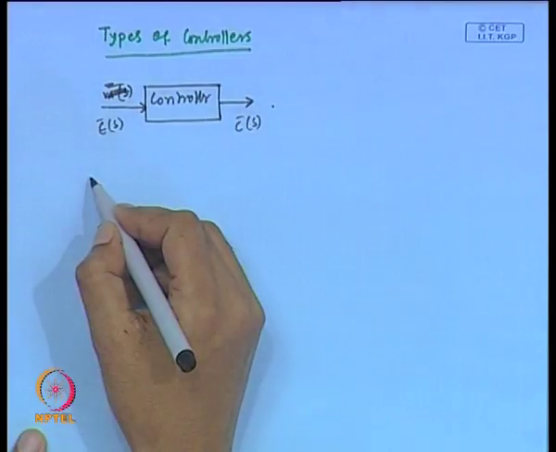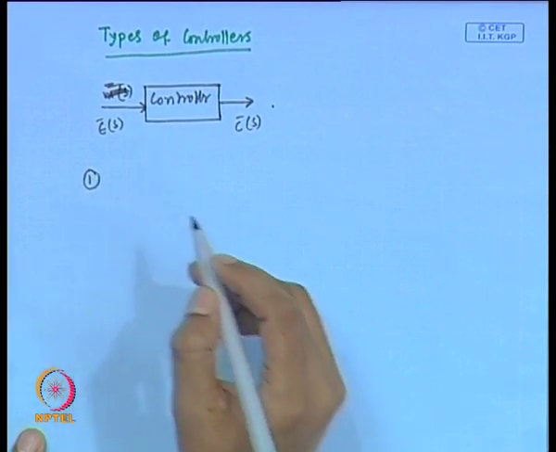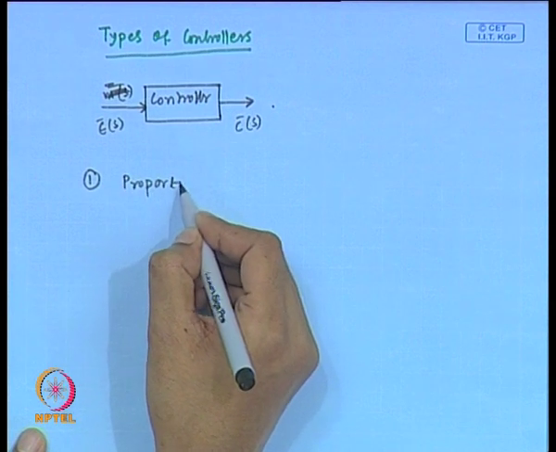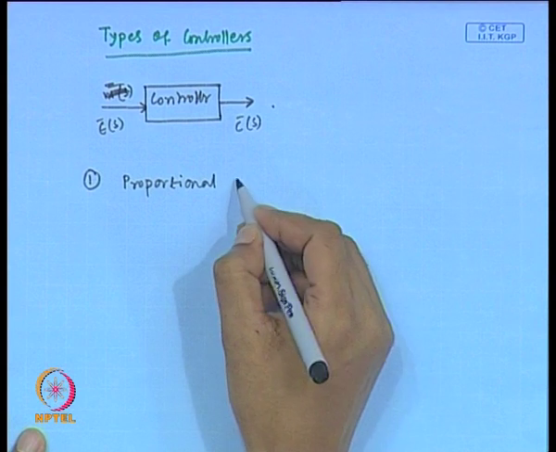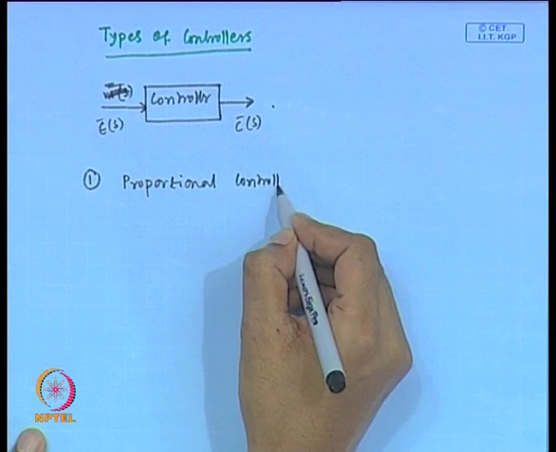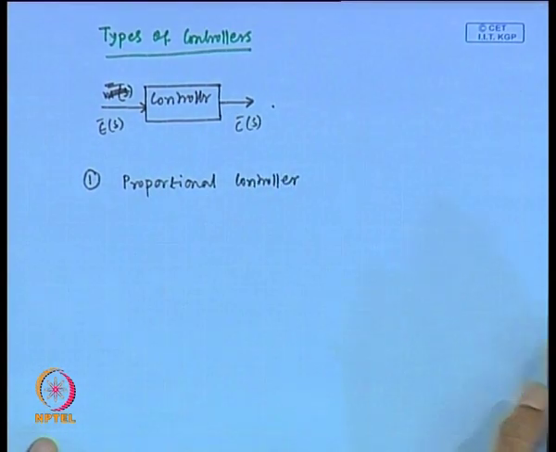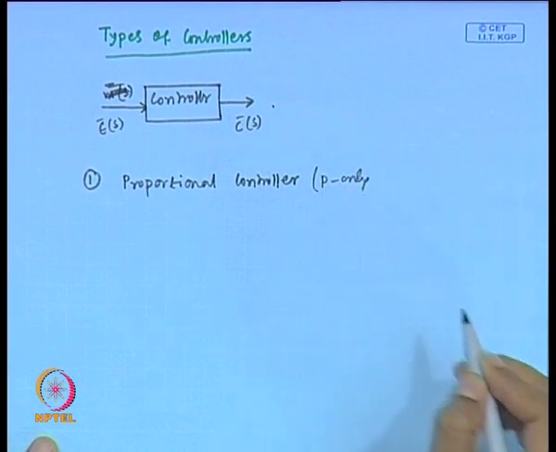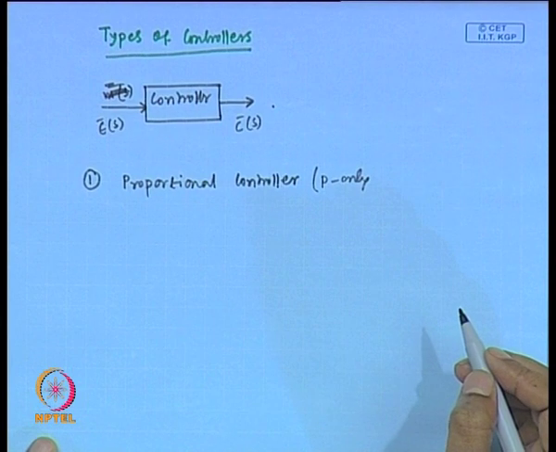So, first we will consider three types of controllers which are classical controllers and which are definitely feedback controllers. These three controllers are proportional controller, also named as P only controller.